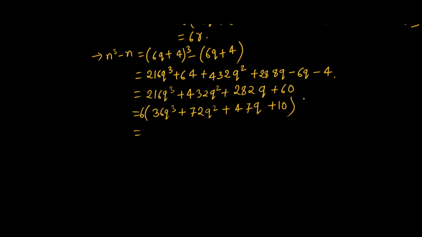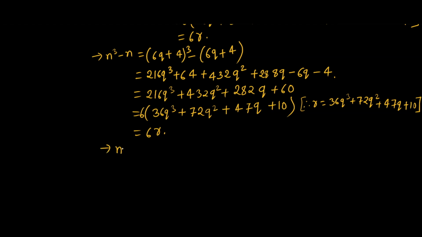So from here we can write r is equals to 36 q cube plus 72 q square plus 47q plus 10. So we can write 6r.